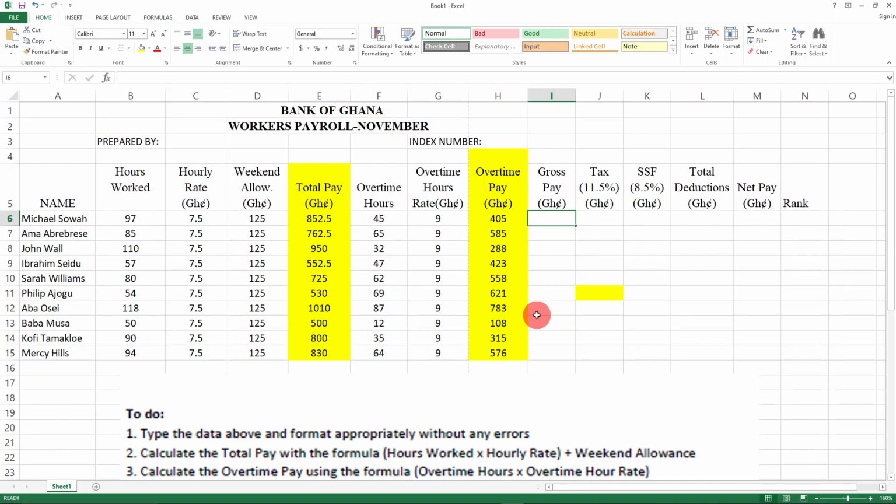All right, so we use the same formula again. Let's use the second option, which is equal. So total pay for Michael Sowa, which is E. Yours could be different, but it's the same thing. Just check which letter your total pay is under and you are good to go.